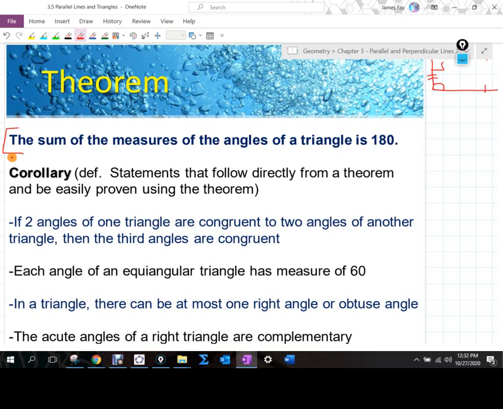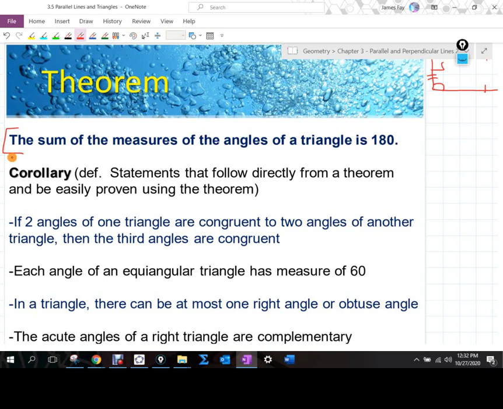Essentially, they are statements that follow directly from a theorem. The way I like to think about them is that the theorem is like the big brother or the parent, and the corollary is like the little brother or the little child.